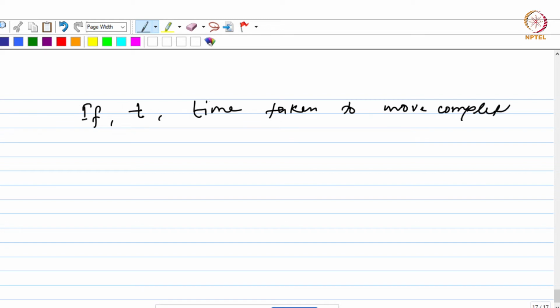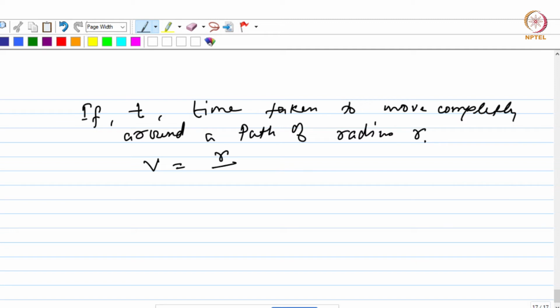Now, if T is the time for an atom to move completely around a circle of radius R1, okay, then V is simply R by T, right?